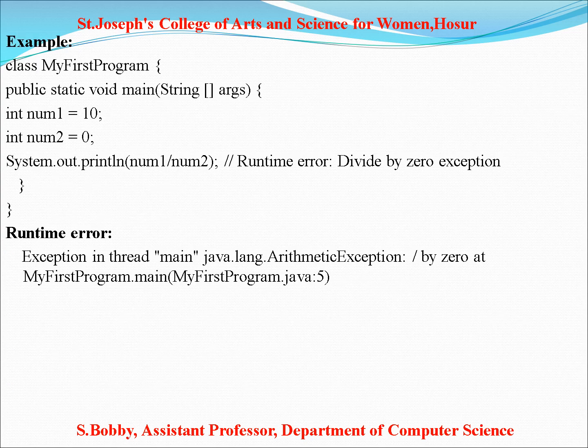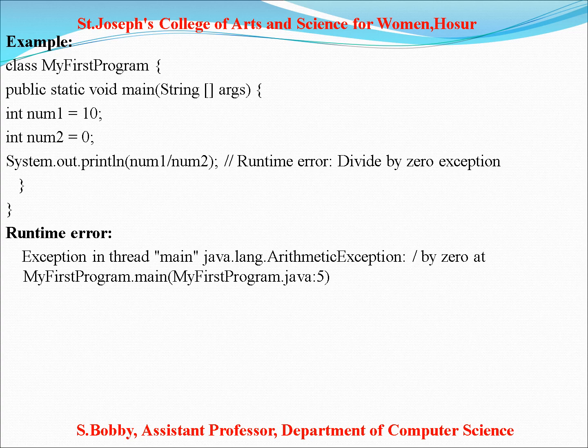See the example: class MyFirstProgram, public static void main. Here declaring the variables int number1 equal to 10, int number2 equal to 0. Then the print statement number1 divided by number2. Here a runtime error occurred because of divide by 0.